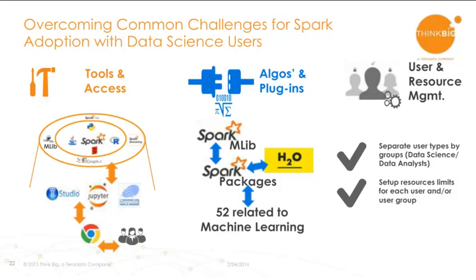But the first one is really tools and access. Not all the analysts, not all the analytical practitioners out there will be encouraged or will have the access or will have the time to go and access terminals, deal with proxies and deal with configurations. They really should be focusing on business problems. They really should be focused on making value for their organizations.